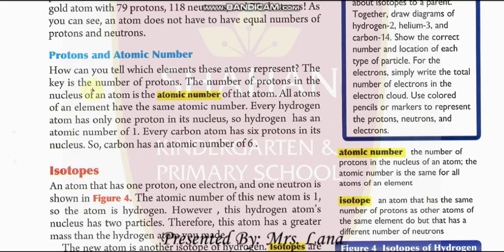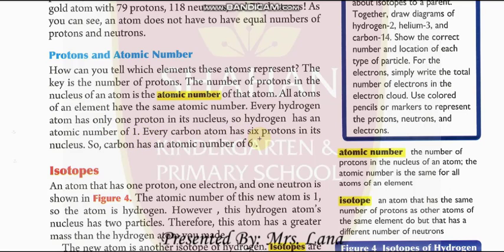Proton and atomic number. How can you tell which element these atoms represent? The key is the number of protons. The number of protons in the nucleus of an atom is the atomic number. All atoms of an element have the same atomic number. Every hydrogen atom has only one proton in its nucleus, because we said the proton is located inside the nucleus, so hydrogen has an atomic number of 1.